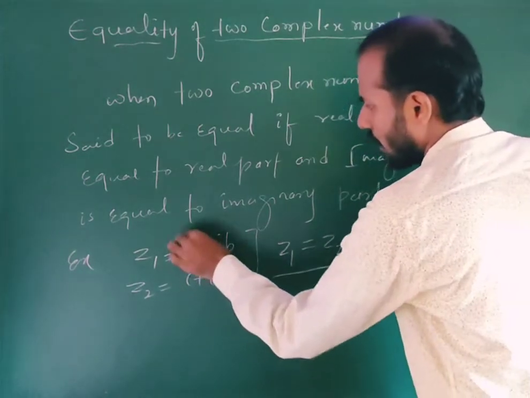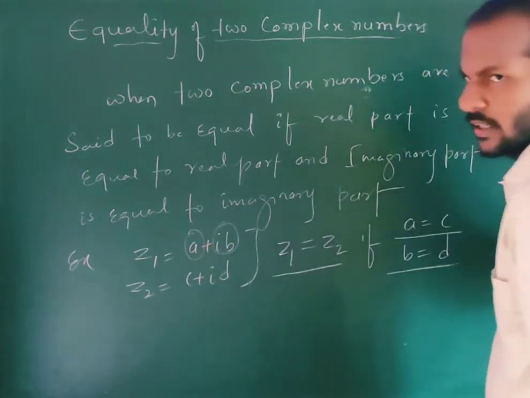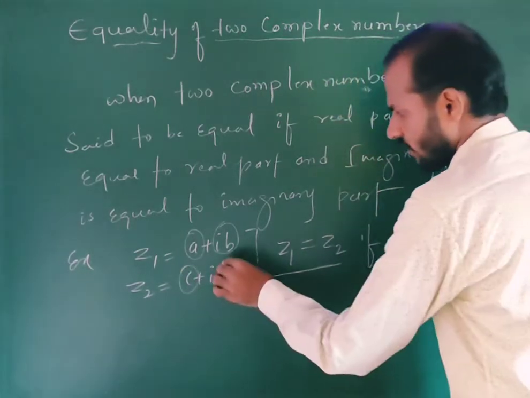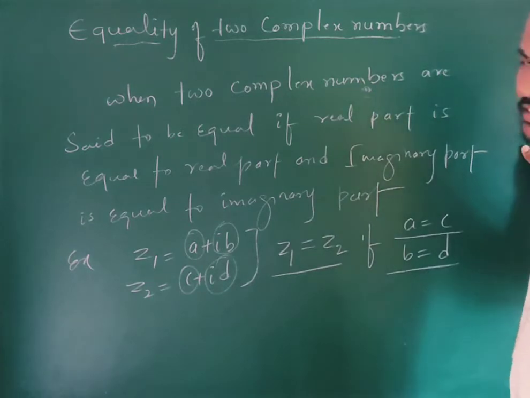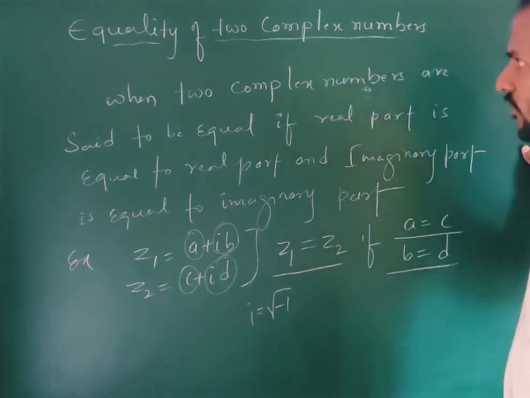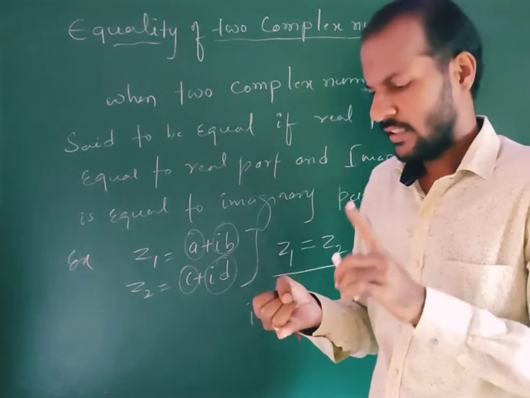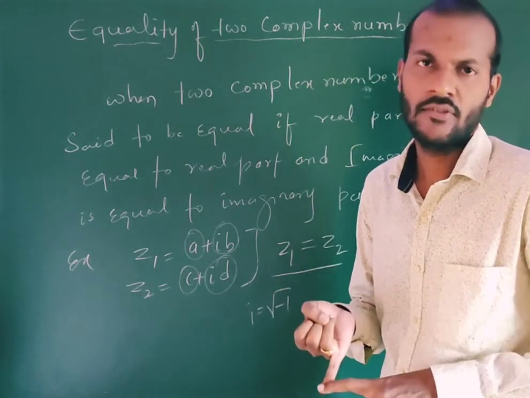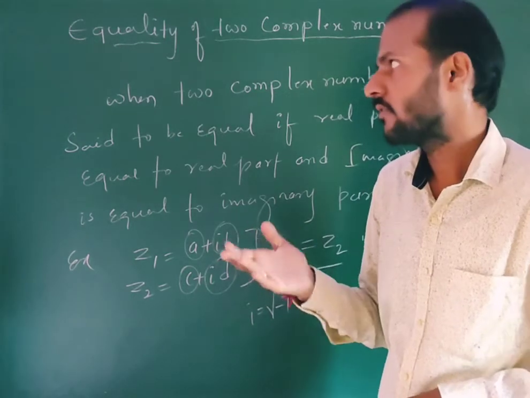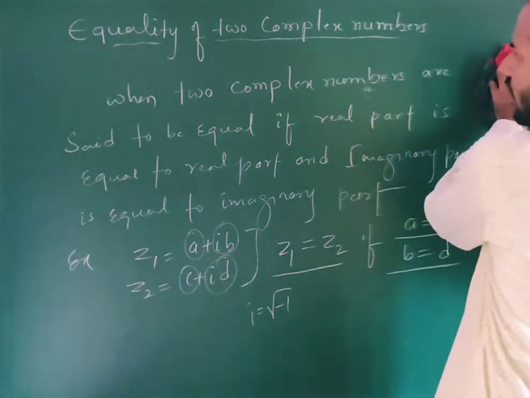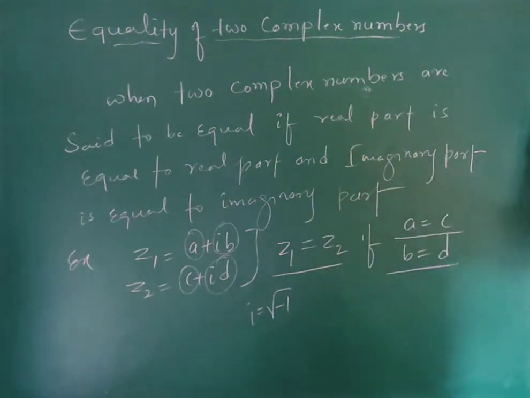Here A is the real part and B is the imaginary part. In Z2, C is the real part whereas D is the imaginary part, where the value of i, as you already know, is the square root of minus 1. Therefore equality of two complex numbers means the real part is equal to the real part and the imaginary part is equal to the imaginary part, right? Next we will see algebra of complex numbers, that is addition, subtraction, multiplication and division, right? Write down this one.